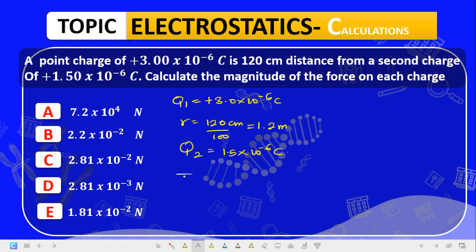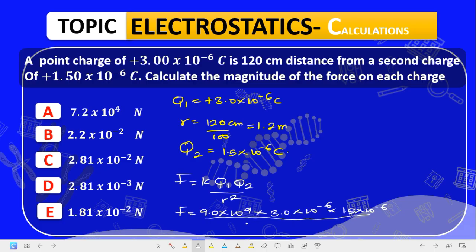Now the magnitude of the force can be calculated using Coulomb's law, which states that F is equal to K Q1 Q2 all over R square. So our F will be equal to K, a constant, 9.0 times 10 raised to the power of 9, times Q1, which is 3.0 times 10 raised to the power of minus 6, then Q2 is 1.5 times 10 raised to the power of minus 6, divided by R square, which is 1.2 square.